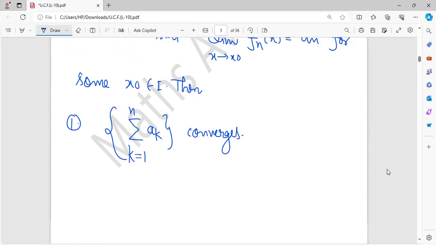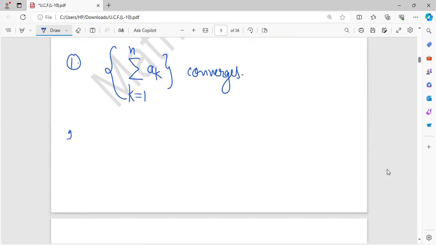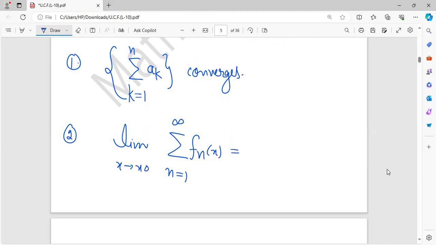Second one, the limit as x tends to x naught of summation n goes from 1 to infinity of fn(x) is nothing but the limit as n tends to infinity of an. So we have to prove this.